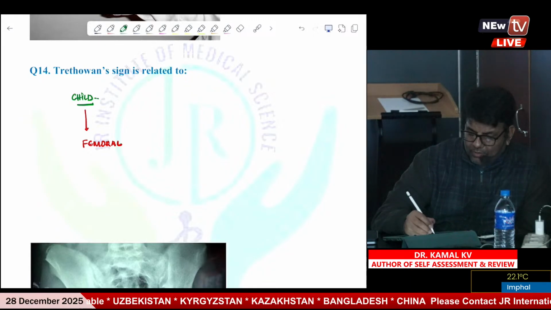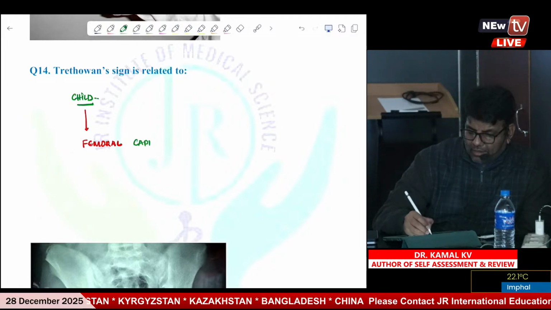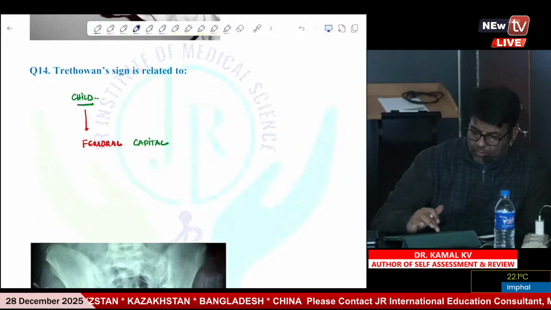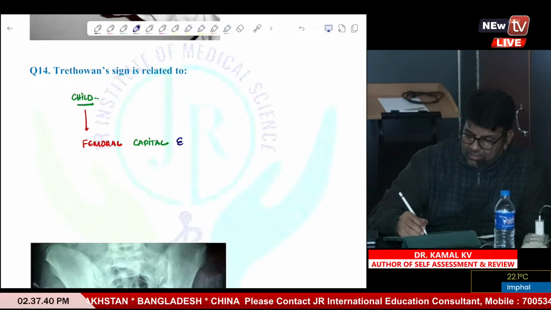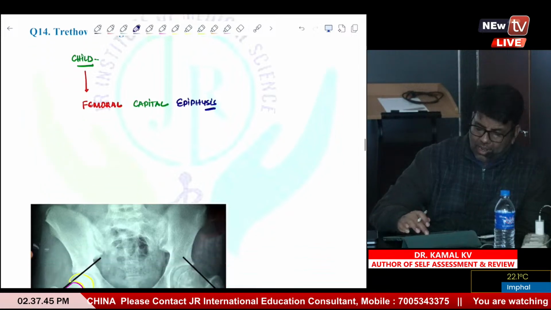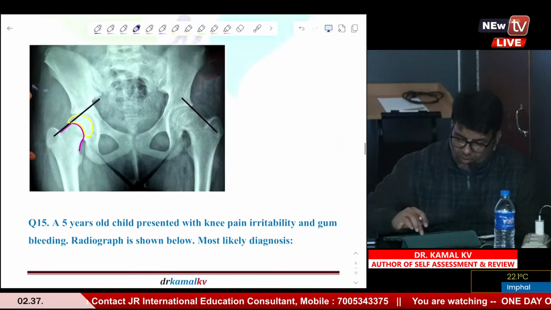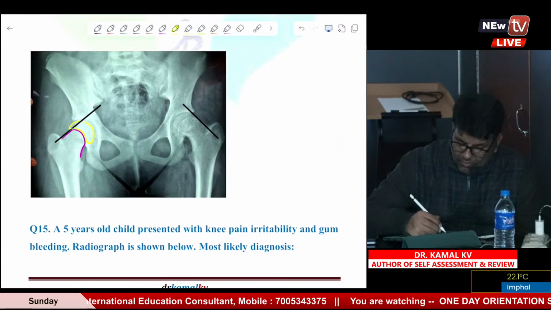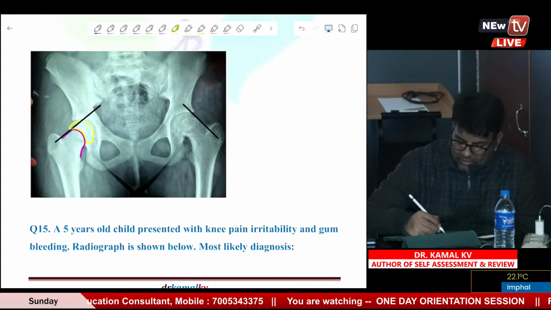For head, what we use? Capital. So femoral capital epiphysis. Femoral capital epiphysis, right? So this yellow area is all femoral capital epiphysis.